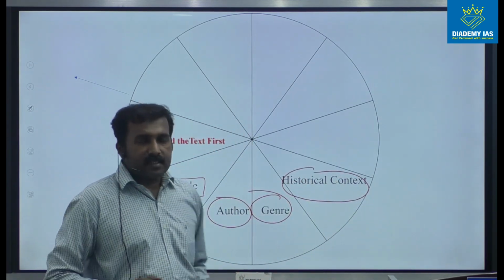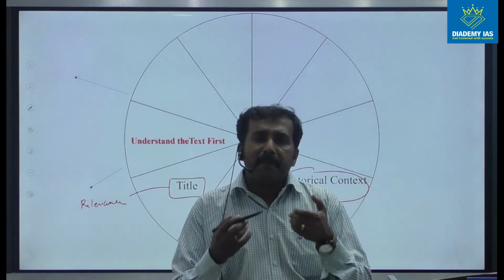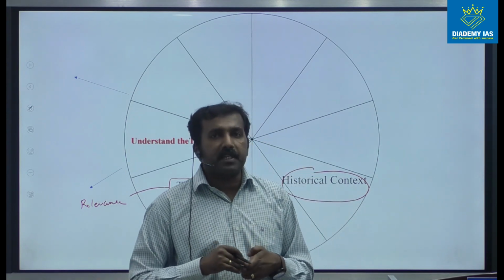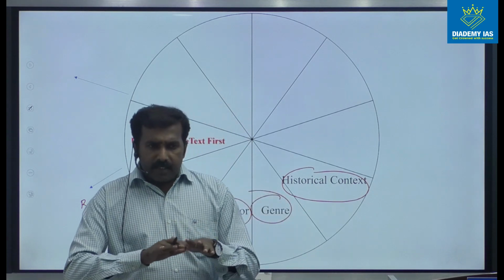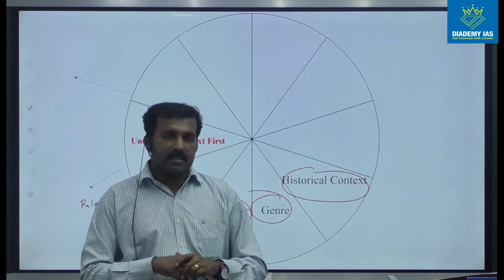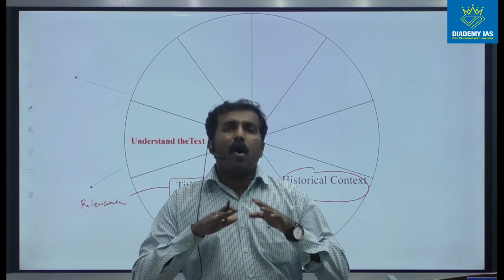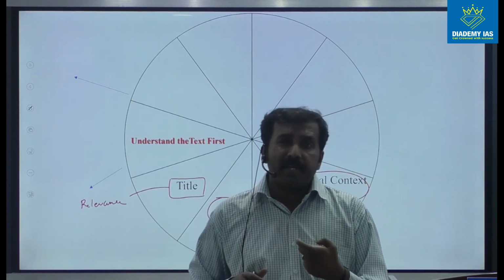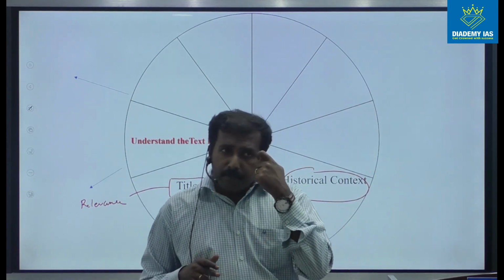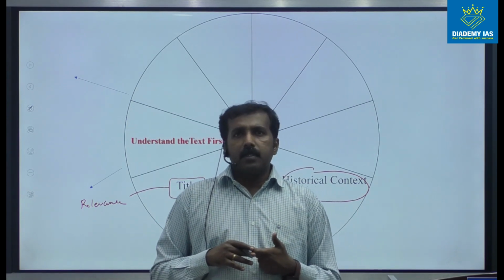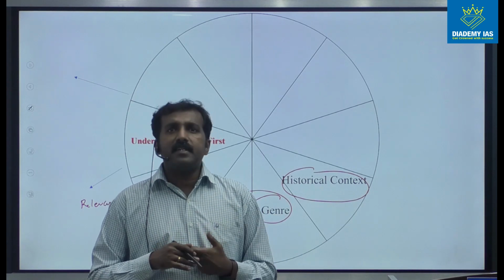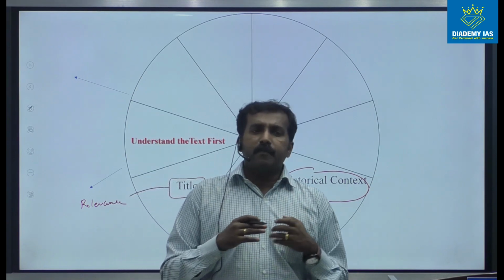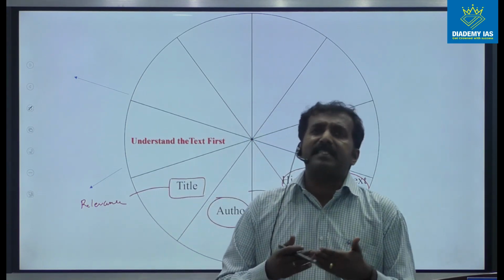And the next one is historical context. In your answer, in your note-making process, you have to include the historical context of a particular literary work. English literature is all about history. English literature is all about tradition. So you have to understand the relevance of that particular work from the historical point of view also. For example, if you read King Lear, the drama, we can see that the historical perspective is Jacobean.